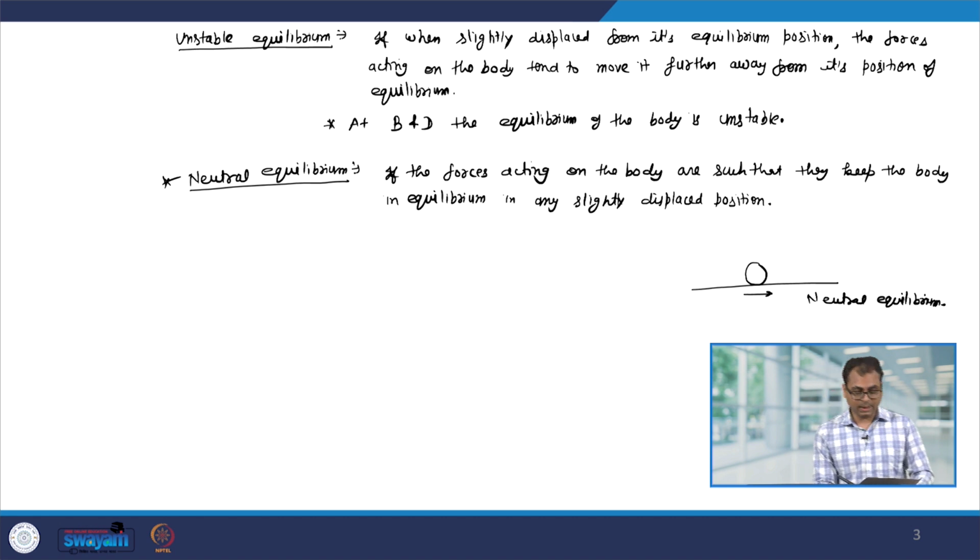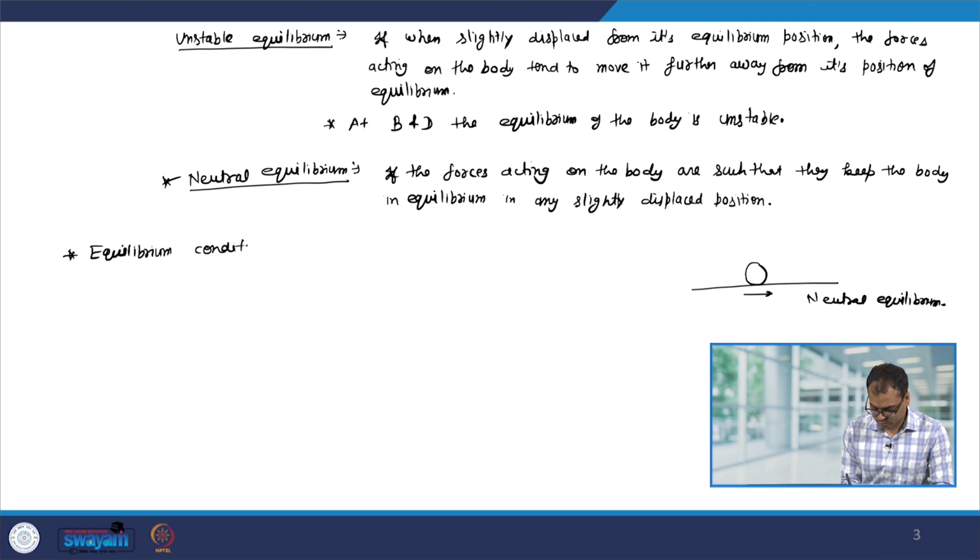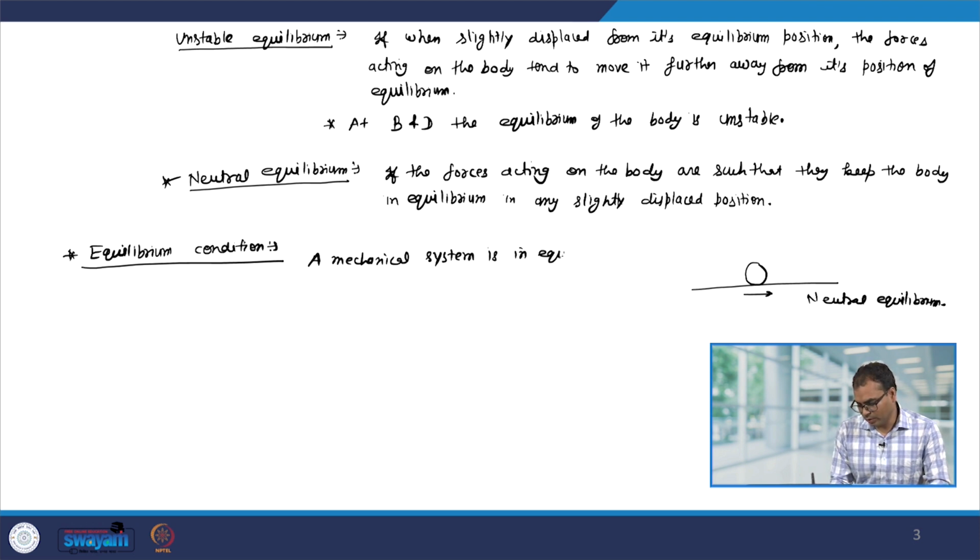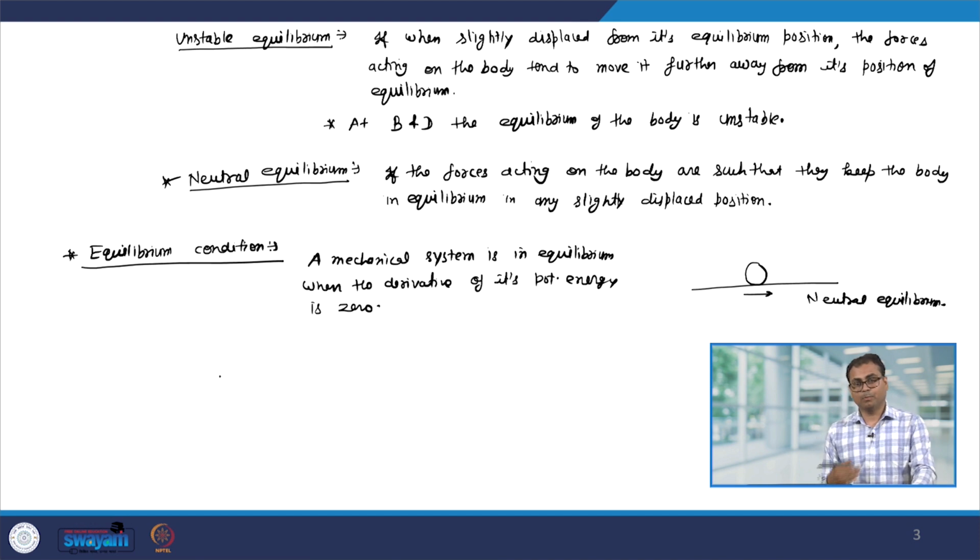Okay. Now, what are the conditions for the equilibrium? A mechanical system is in equilibrium when the derivative of its potential energy is 0, because the potential energy has to be maxima or minima at the equilibrium.